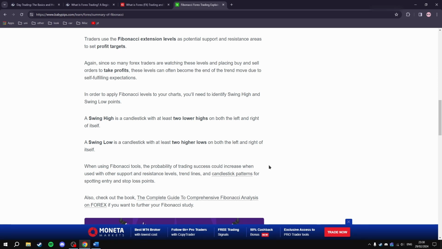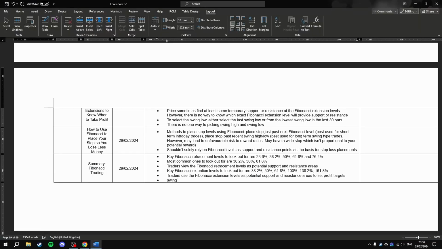In order to apply Fibonacci levels to your charts, you need to identify swing high and swing low points.